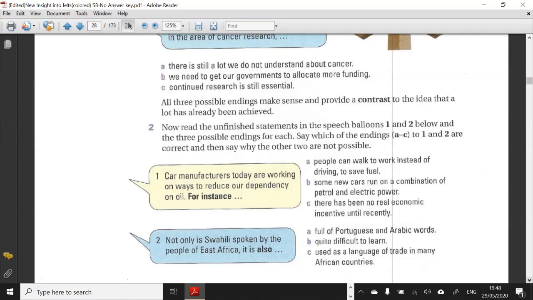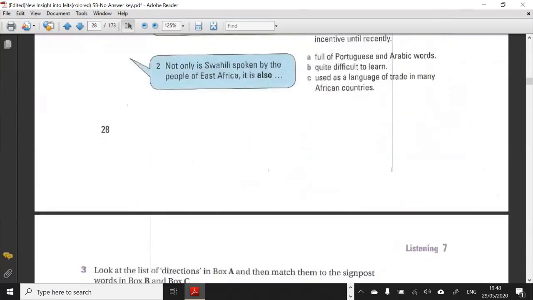For example, number 1, car manufacturers today are working on ways to reduce our dependency on oil. For instance, A, B, and C. Can you make a choice, please? Take 15 seconds. Look at question 1 and question 2, and find out what the answer can be.